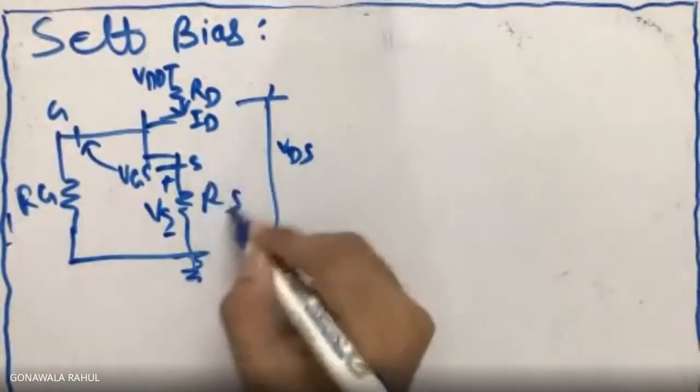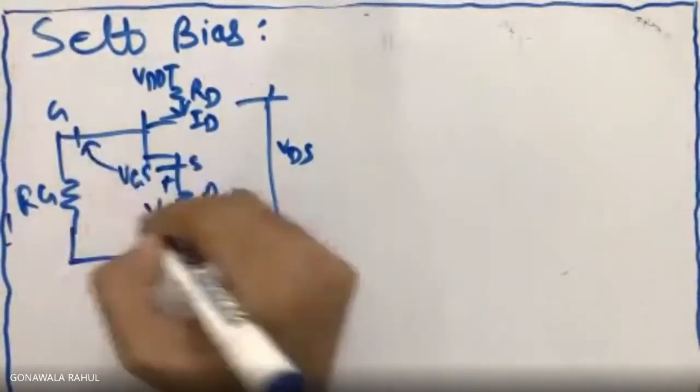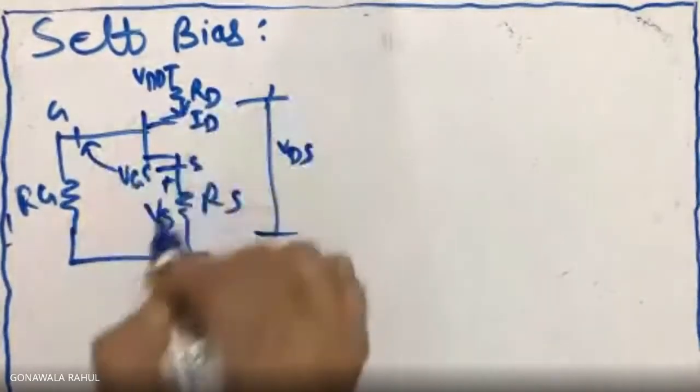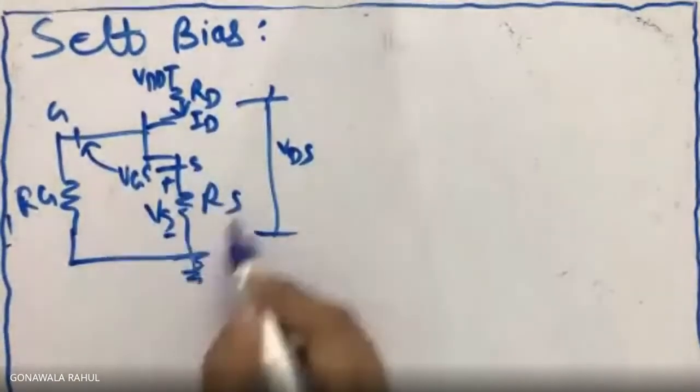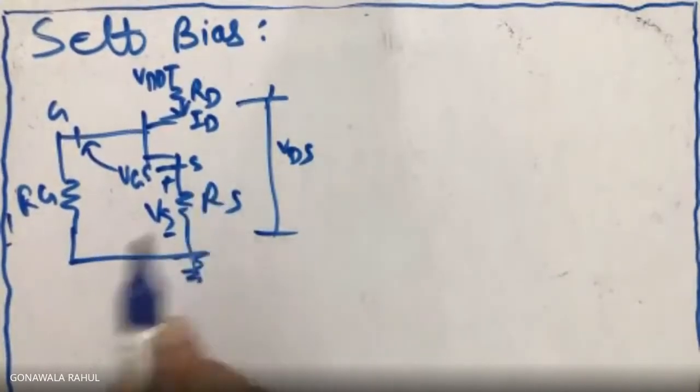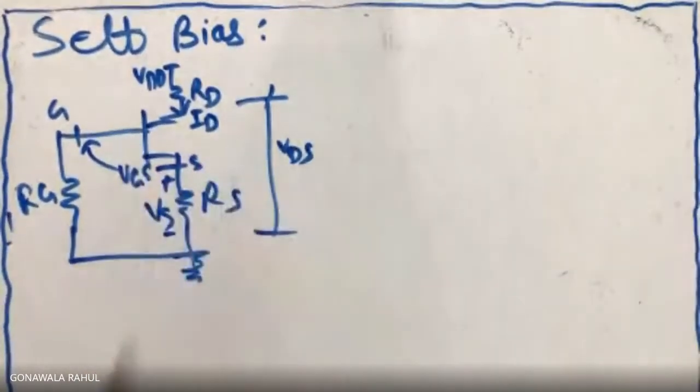The voltage drop produced at RS reduces the gate to source reverse bias voltage required for the operation of FET. Hence, this RS is known as feedback resistor also, because it is providing feedback. Its function is to prevent any variation in FET drain current.